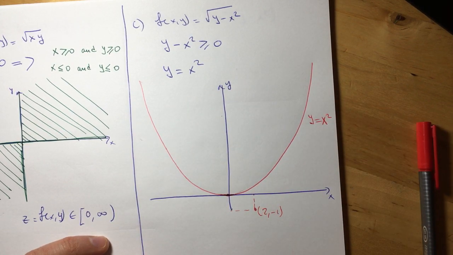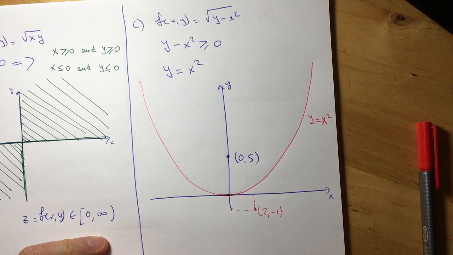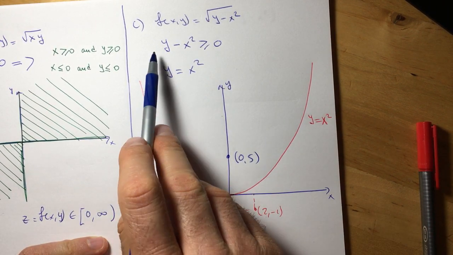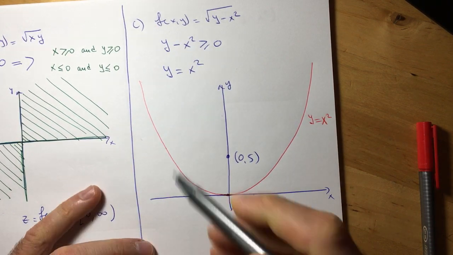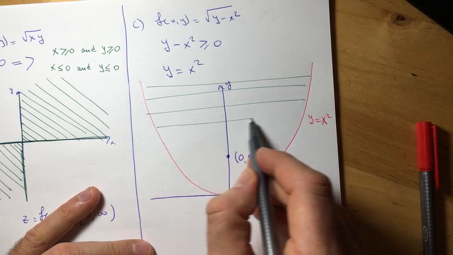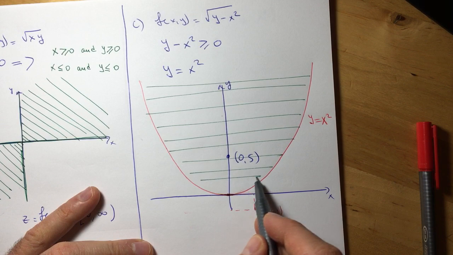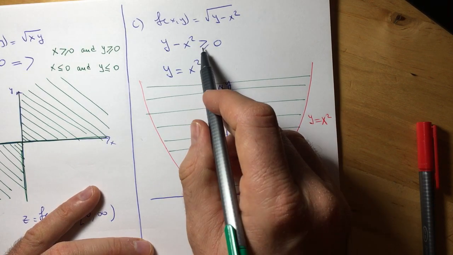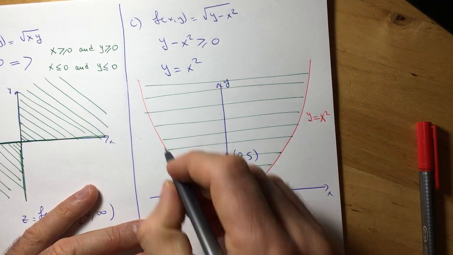Okay, just to confirm, let's take a point here, let's say 0 and 5. 5 minus 0 squared is 5. 5 is greater or equal to 0, so obviously this is the domain of the given function, right? Because it is greater or equal to 0, right?